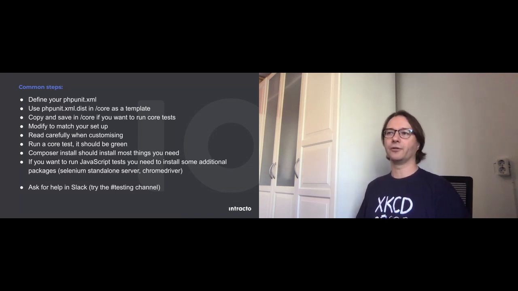So to start off, you would need to copy and save that, and then you can start running tests for core. But you do have to modify it and make it match your setup. In the next slide, I'm going to go in a little bit more depth, just show you what to expect there. But it's very important to read carefully when you're customizing, because most of the documentation that you need is there, but not everything might be as accessible as it could be.